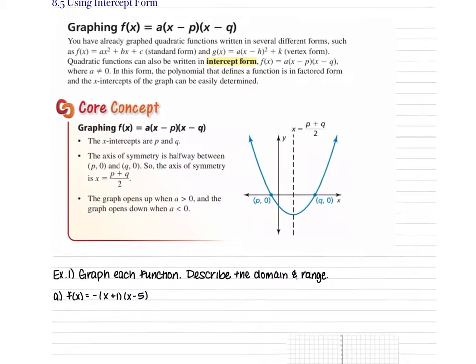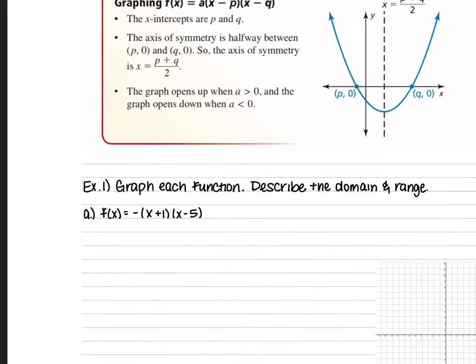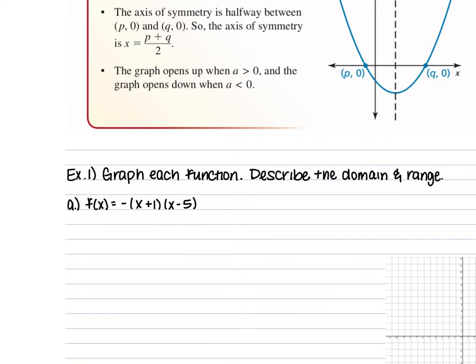So if we look at the first example, we have f of x is equal to the opposite of x plus 1 times x minus 5. So what I like to do is find my x-intercepts first. So I'm going to set each part equal to 0. That's going to be the negative 1 is equal to 0, the x plus 1 is equal to 0, and the x minus 5 is equal to 0.